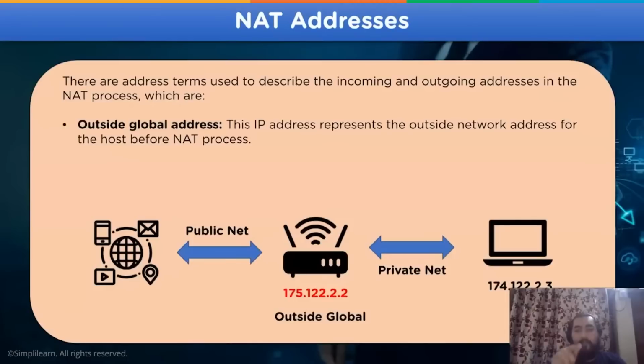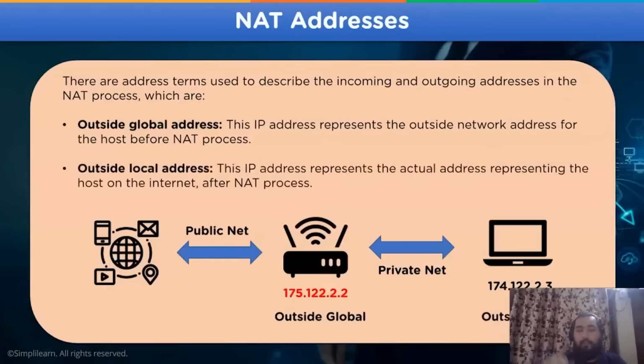This IP address represents the outside network address for the host before the NAT process took place. Then we have the outside local address. This IP address represents the actual address representing the host on the internet after the NAT process takes place. Now let's move on to the next heading in the topic.